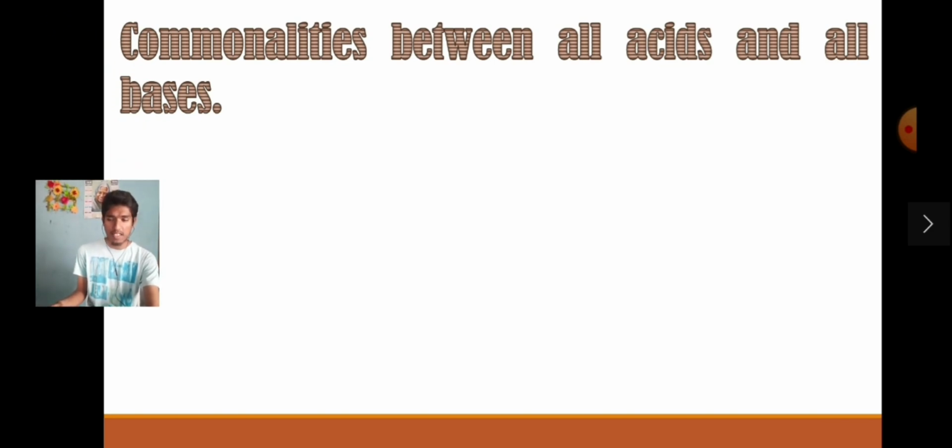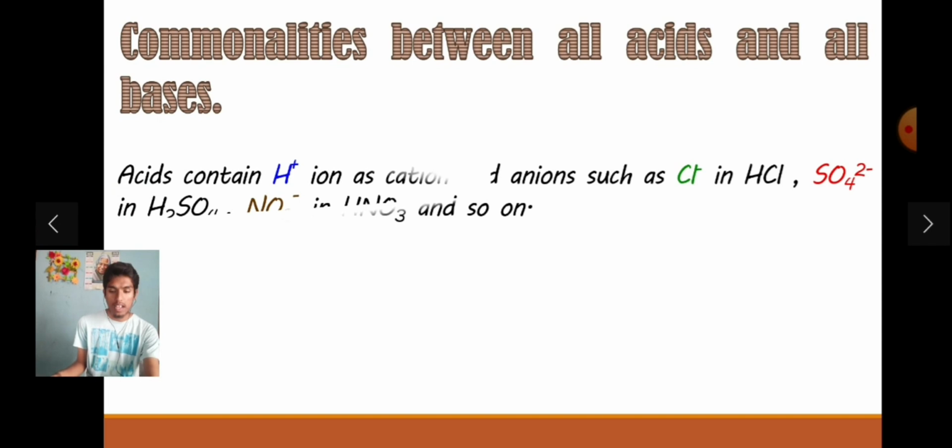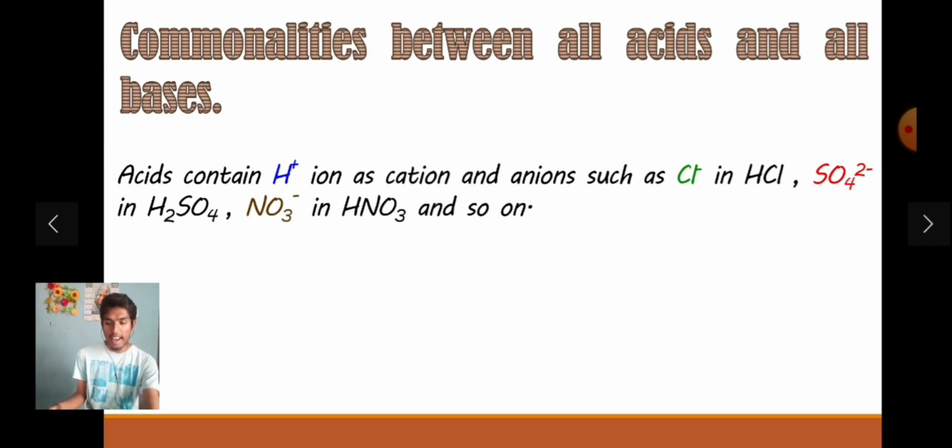Commonalities between all acids and all bases. Acids contain H+ ions as cation and anions such as Cl- in HCl, SO4 2- in H2SO4, NO3- in HNO3, and so on. So this statement is saying that every acid contains an H+ cation. Cation means a positively charged species.